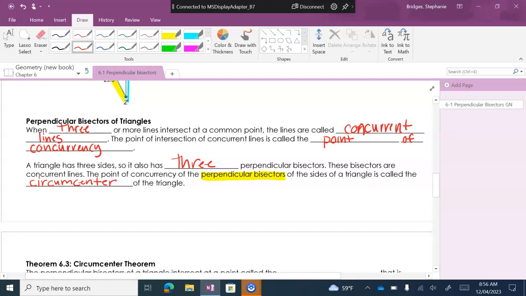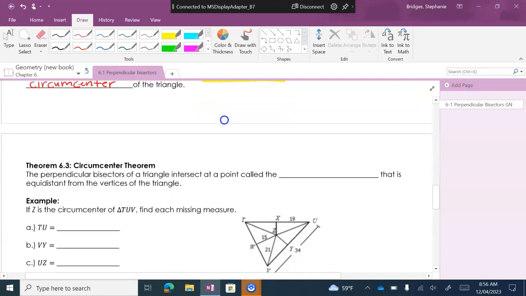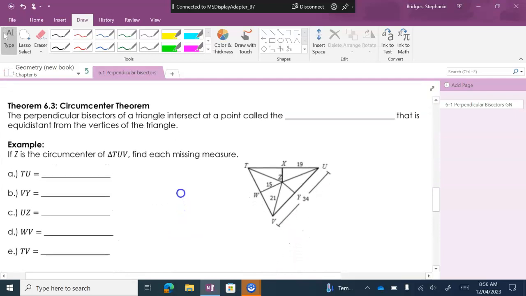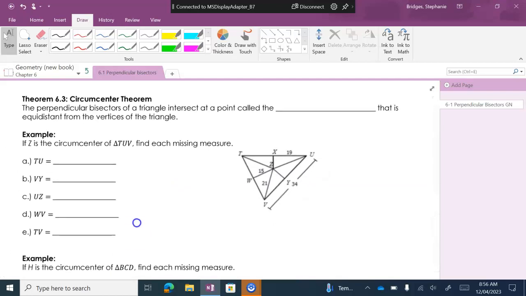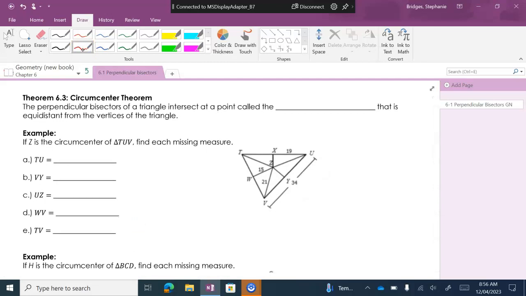Okay. Now, on the back, we are talking about the circumcenter of a triangle. And this theorem says that the perpendicular bisectors of a triangle intersect at a point called the, again, circumcenter. And the important part about that is it is equidistant from the vertices of the triangle.